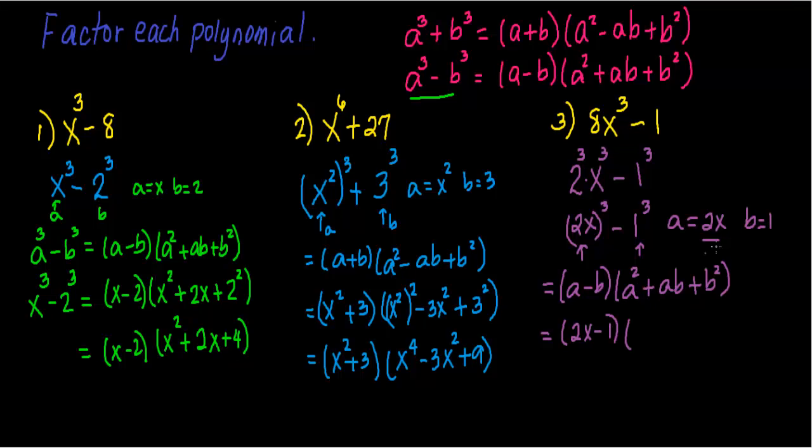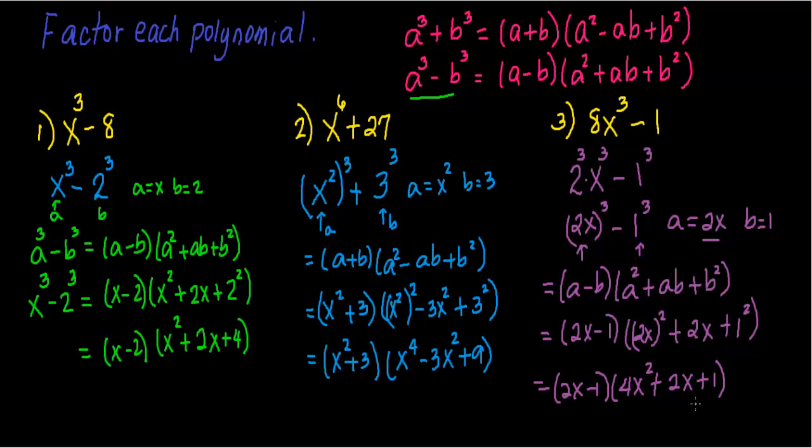And then A squared: A is 2x, and we square it, plus A times B, that's 2x times 1, 2x, and then plus B squared, and B squared is 1 squared. Now we simplify and we get 2x minus 1 times 2x squared, which means 2 squared x squared, so that would be 4x squared plus 2x plus 1. And there's your final answer. I encourage you again to do these on your own and then come back to check the answer.